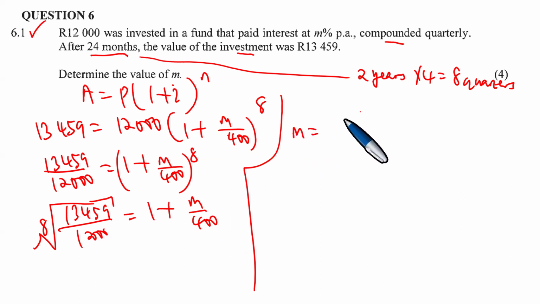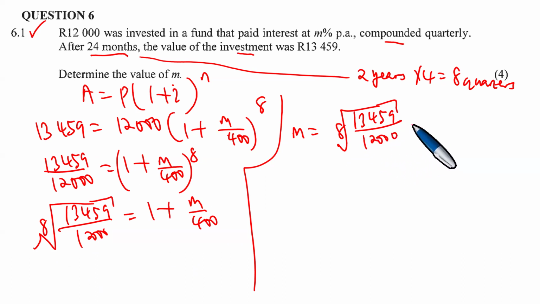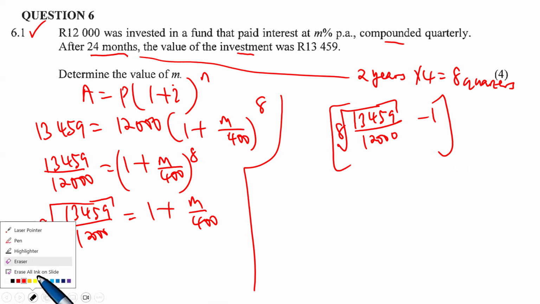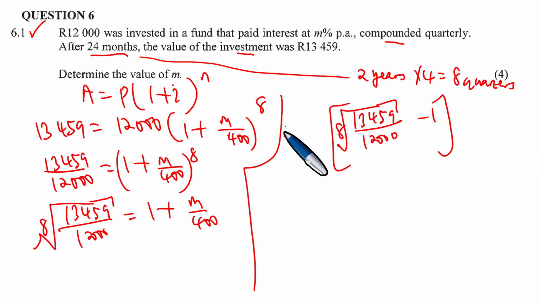M, therefore, is the 8th root of 13,459 over 12,000 minus 1, and then you multiply it by 400. So M is 400.